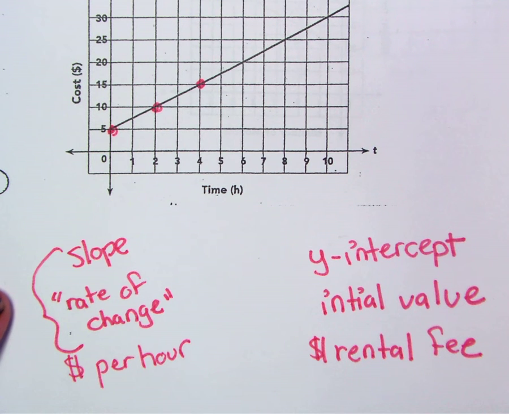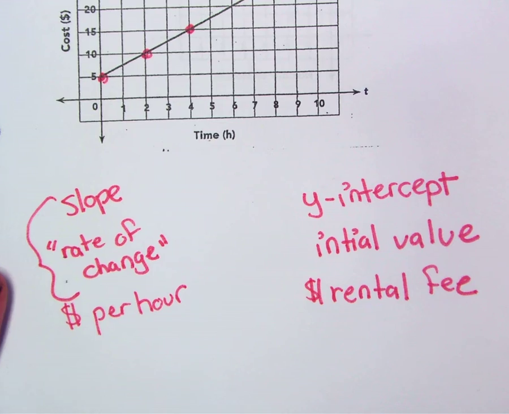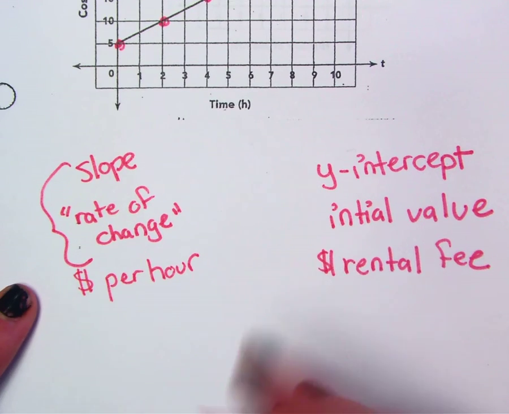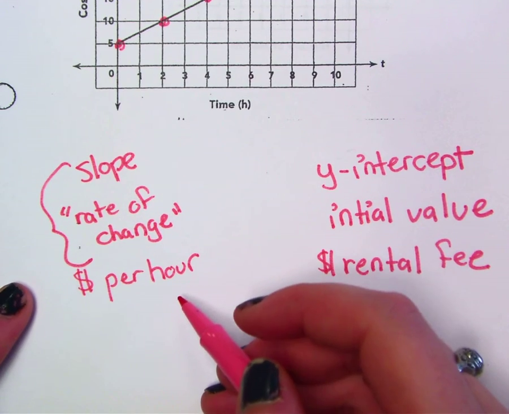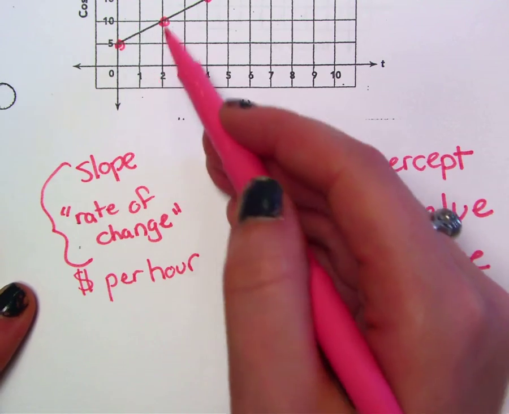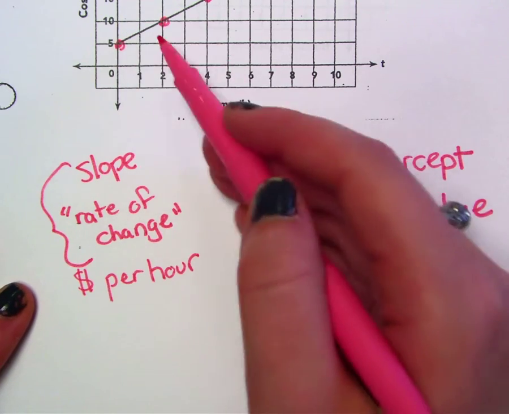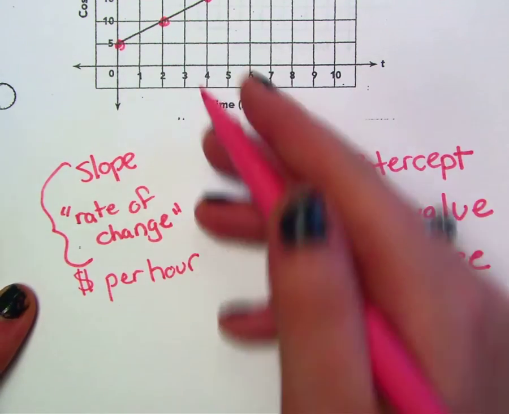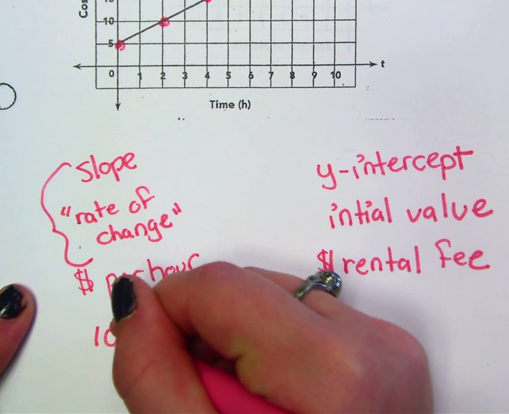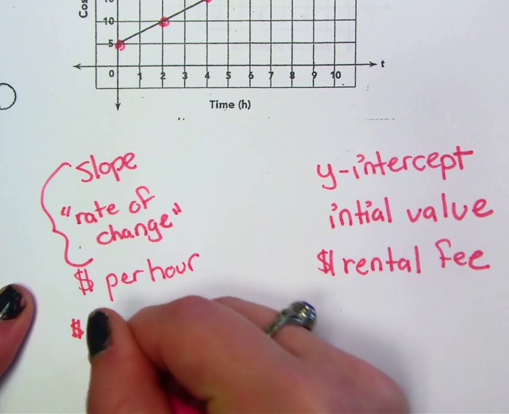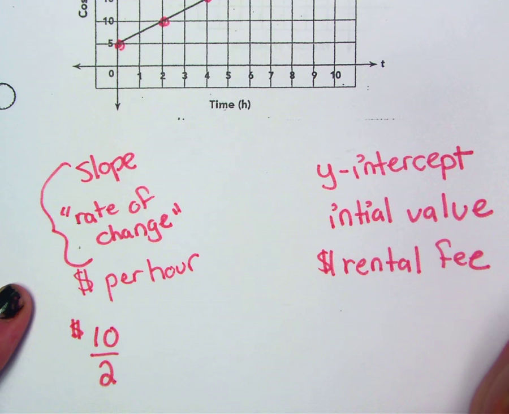Alright, so welcome back. You should have paused the video and figured out what your slope is, which I said was just money per hour. So money per hour, or that rate of change, how we're changing as we're going along, the rate is, I see that they're paying $10 per 2 hours.